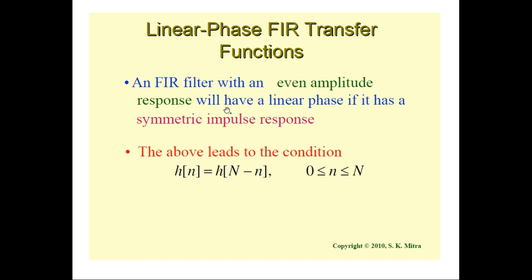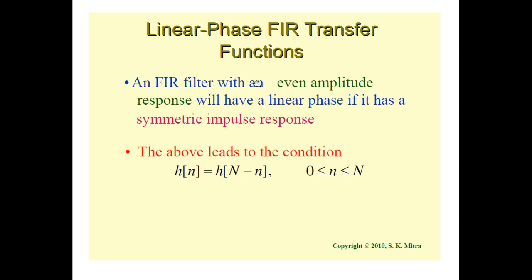So if we require that an FIR filter have a linear phase, then there are two conditions that need to be met, or two different ways in which we can realize an FIR filter with linear phase characteristics.